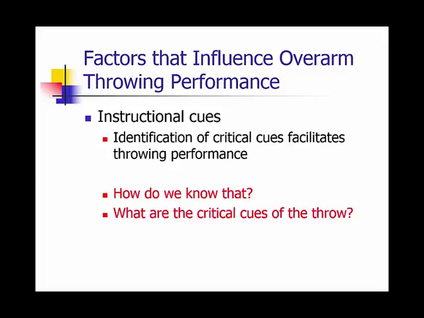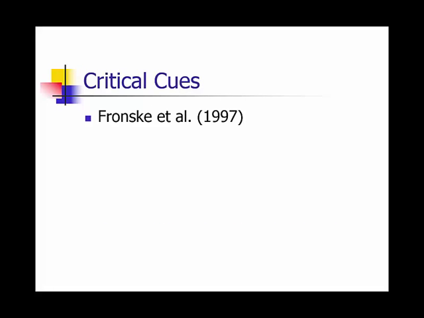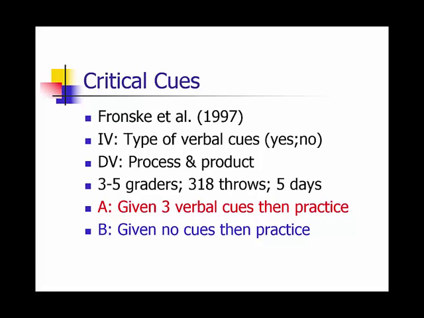So instructional cues, you can think of these as those very short, often 1, 2, 3 word cues that focus performers on certain parts of the skill. So lots of studies done here, and basically they found that the identification of the critical cues in skills helps throwing performance. And let me walk you through one of the studies that has led to that kind of generalization.